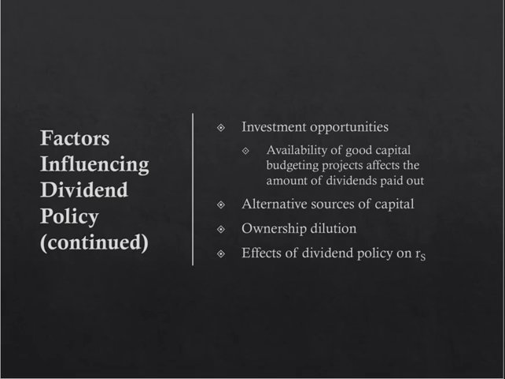There may be alternative sources of capital as well. So there may be opportunities for them to be able to go borrow additional money, or issue preferred stock. So they may not want to pay dividends out. They may want to use that cash instead to pay additional preferred stock and not dilute the shares, which is in the next section.